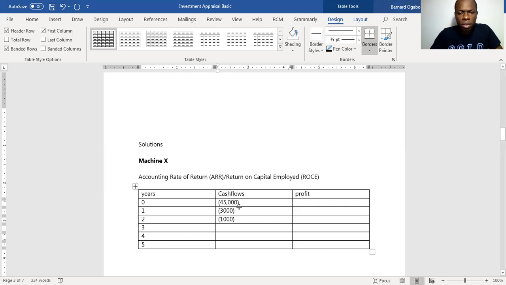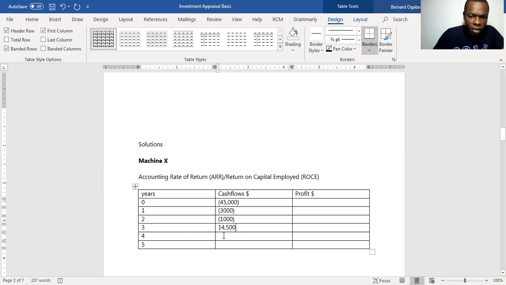Though the question has said pounds, I just want to change it to dollars to make the currency symbol a little bit more universal, because that is what most persons will find in their professional exams. 14,500 is the profit for the third year.